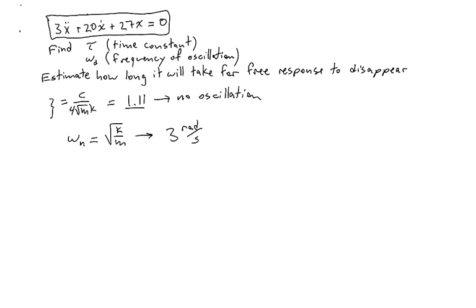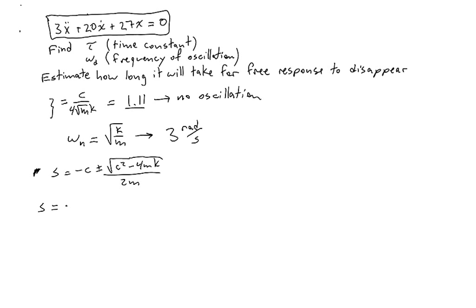So remember the roots, I'm just going to call them s equals minus c plus minus square root of c squared minus 4mk, over 2m. So when you do this all out, you're going to end up with these two roots.